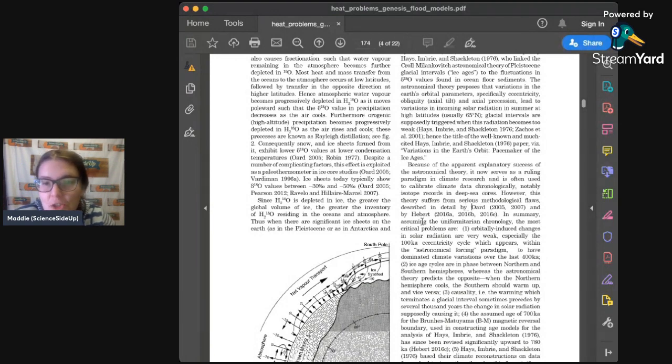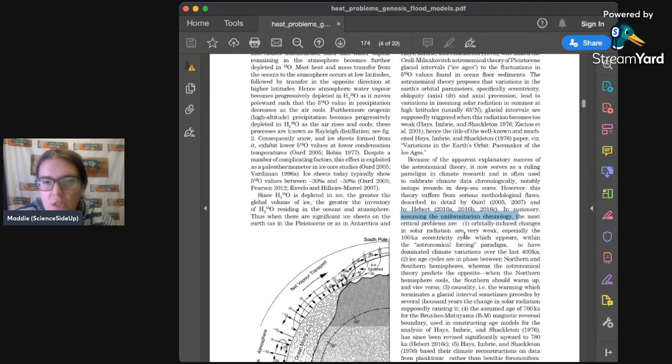In summary, assuming the uniformitarian chronology, the scientifically accepted, right? The most critical problems are orbitally induced changes in solar radiation are very weak, especially the 100 ka eccentricity cycle. I actually don't know what that is.